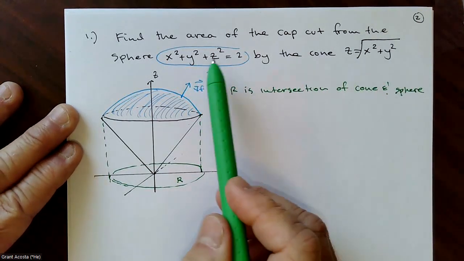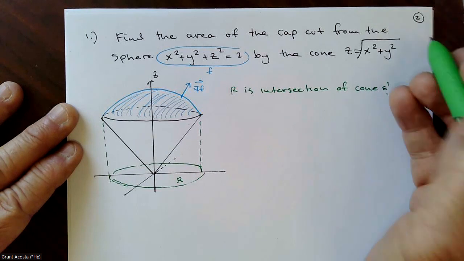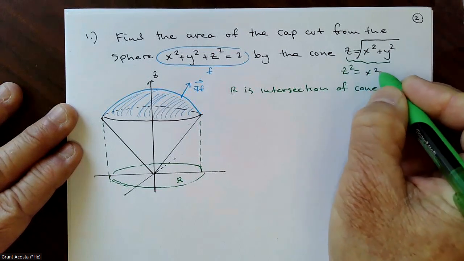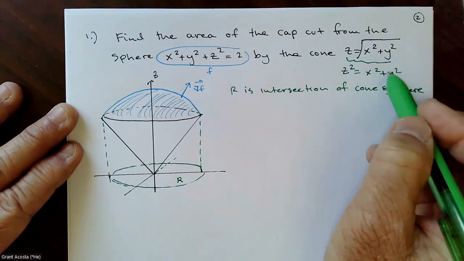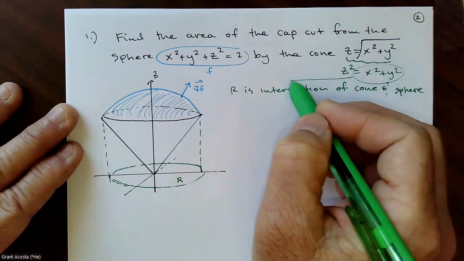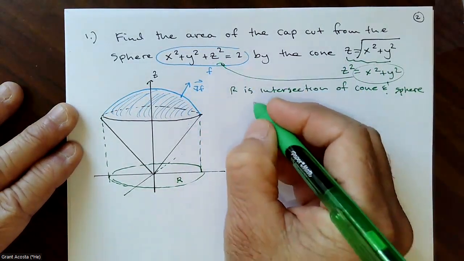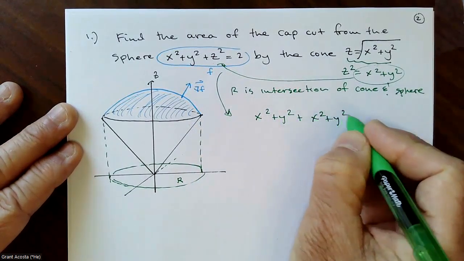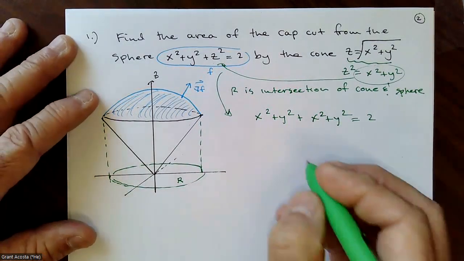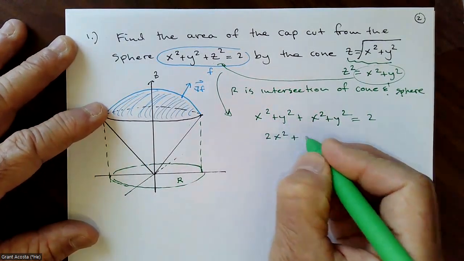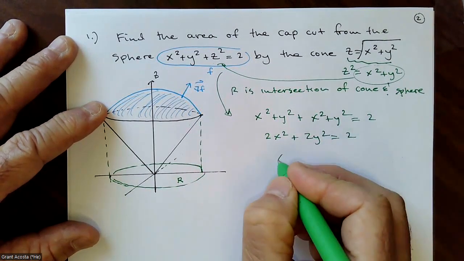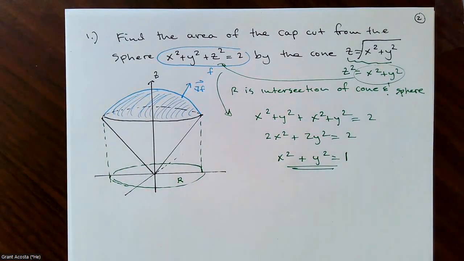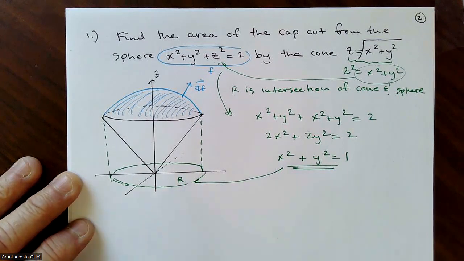It's pretty hard if you try to solve one for z and set them equal to each other, but equivalently, if I take the cone and solve it for z squared, which is x squared plus y squared, and put that in for z squared in the sphere, I end up getting x squared plus y squared plus another x squared plus y squared equals 2. So I have 2x squared plus 2y squared equals 2. If I divide both sides by 2, that's just a circle with a radius of 1. That's this region right here.